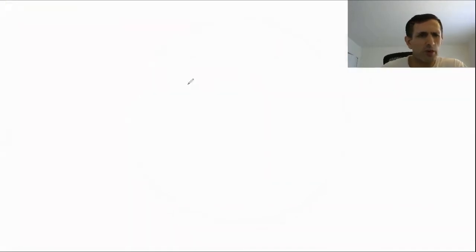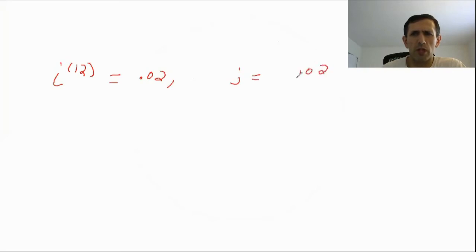Okay, so we are given that i^(12) is 2%, so it's 0.02. The effective monthly interest rate is just 0.02 over 12.